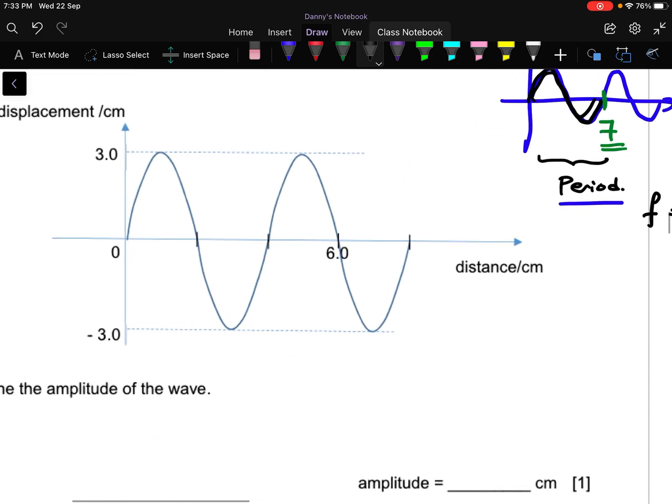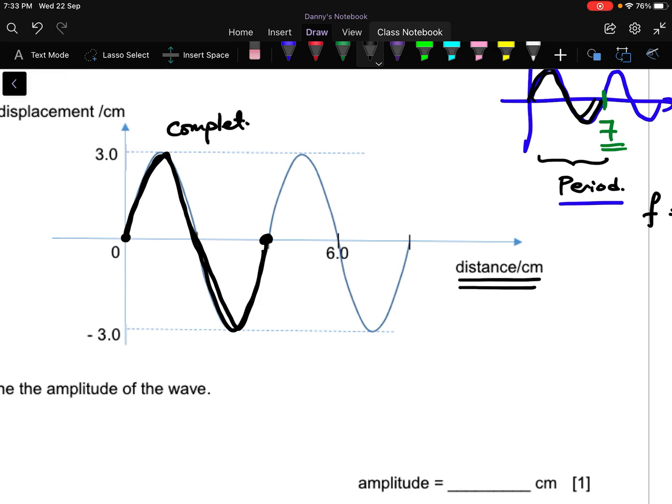So now you are given this. What is this? This is distance, right? Then you ask yourself, okay, I have this, then I make this. What is this distance? Well, this black line that I have just drawn describes a complete wave, correct or not? So the width of a complete wave will give you the lambda, which is the wavelength. This is called wavelength, the length of the wave, right?